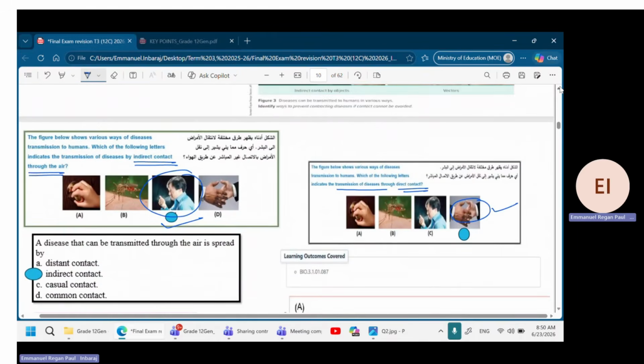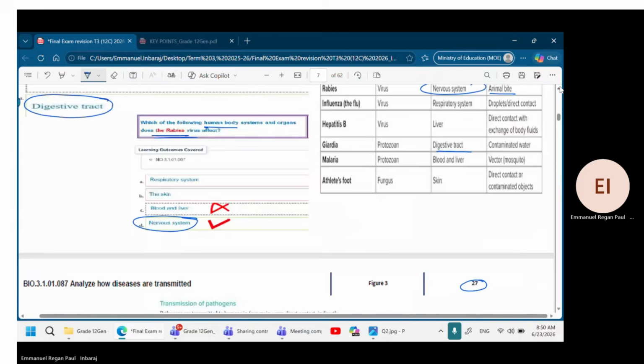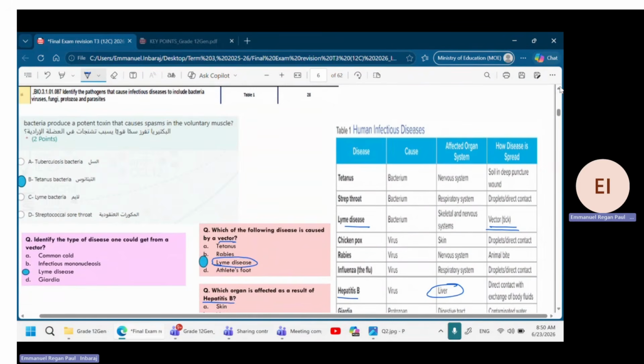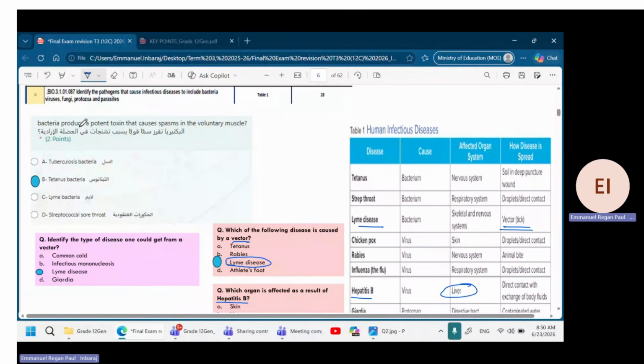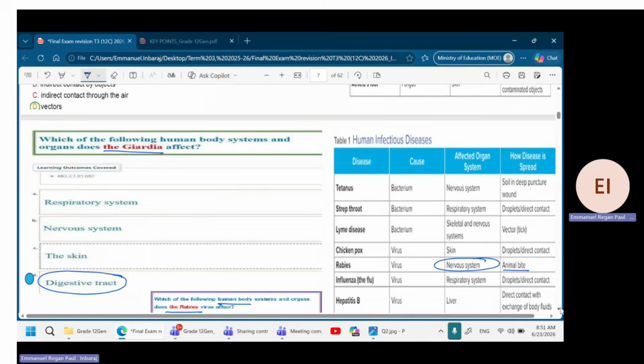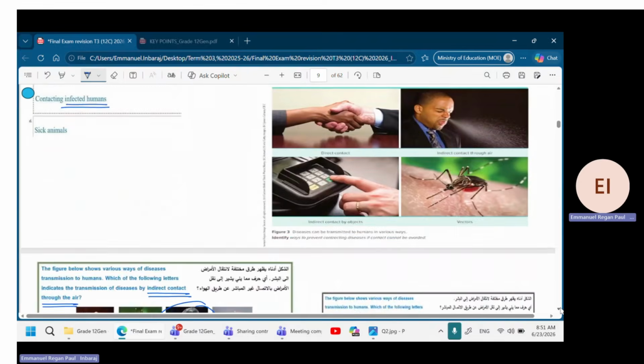See, it's here in the previous page. I will show you one question. Look, bacteria produce a potent toxin that causes spasm in the voluntary muscle. So if it is spasm in the voluntary muscle, that means it is tetanus bacteria.